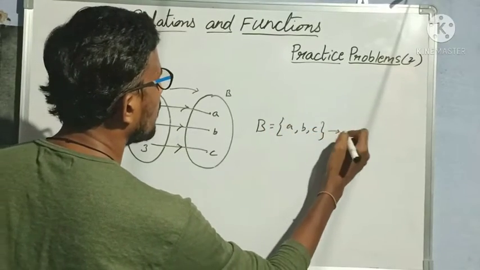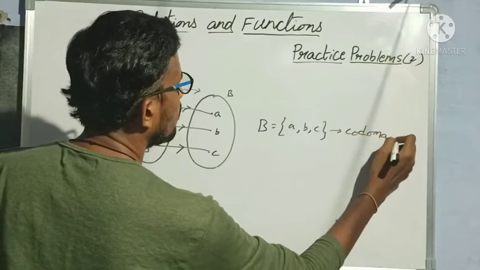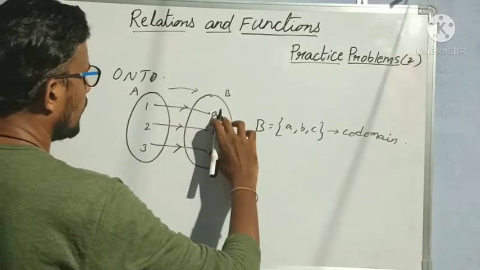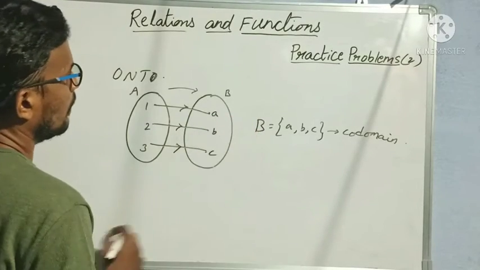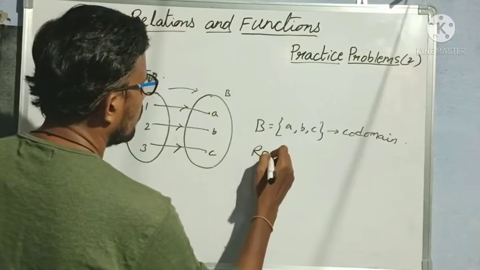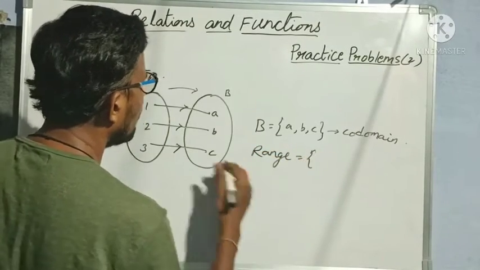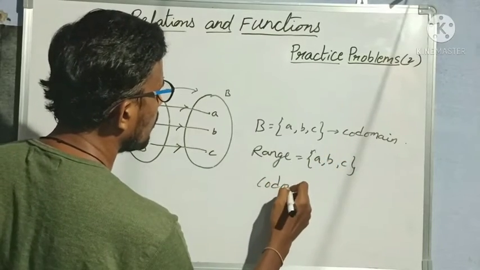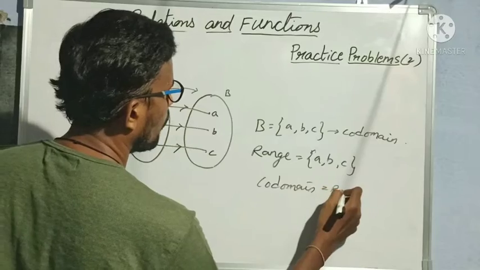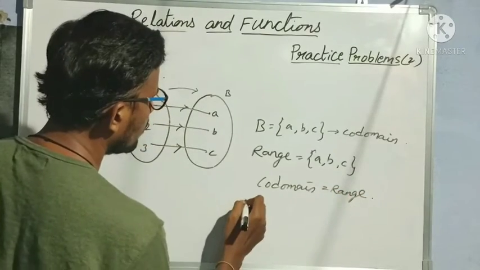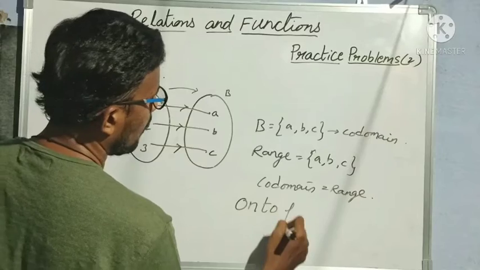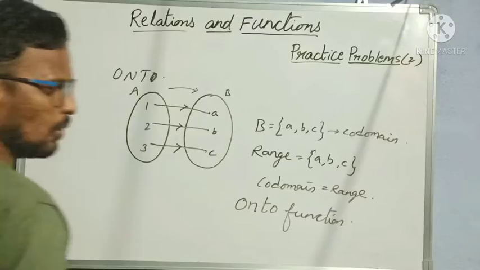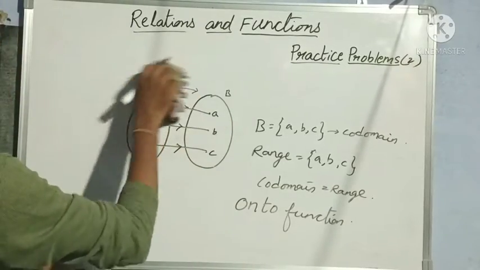We have to take the complete set B as codomain irrespective of whether the elements are mapped or not. Range means only the mapped elements of set B. So here range is also a, b, c, so codomain is equal to range. So this type of function is an onto function.